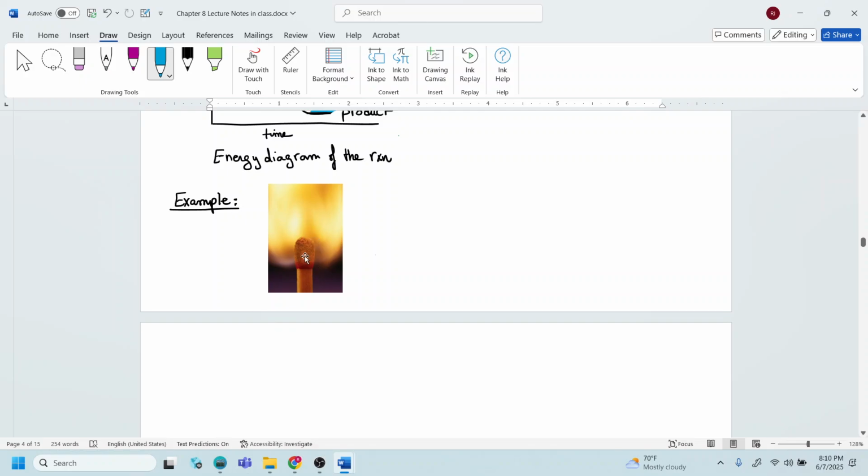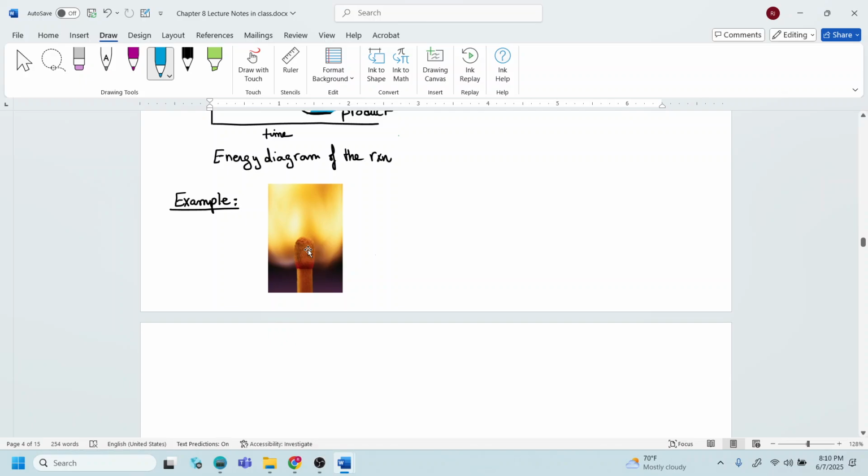We can have an example of an ordinary kitchen match. This provides a good example of these concepts. The reactants in the match head are stable until the match is rubbed on a rough surface.